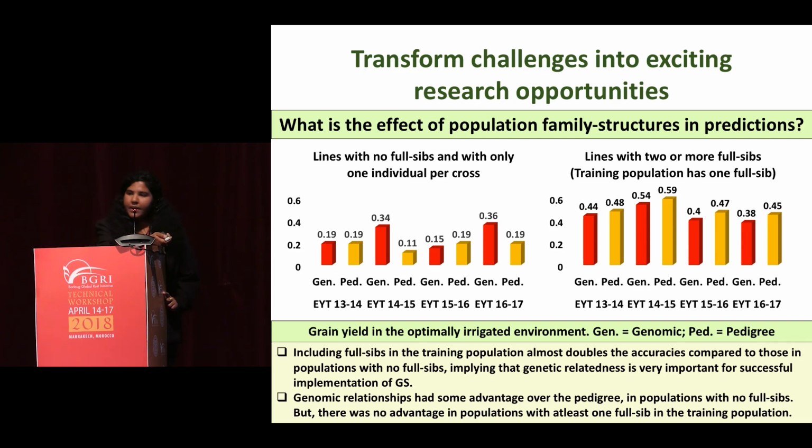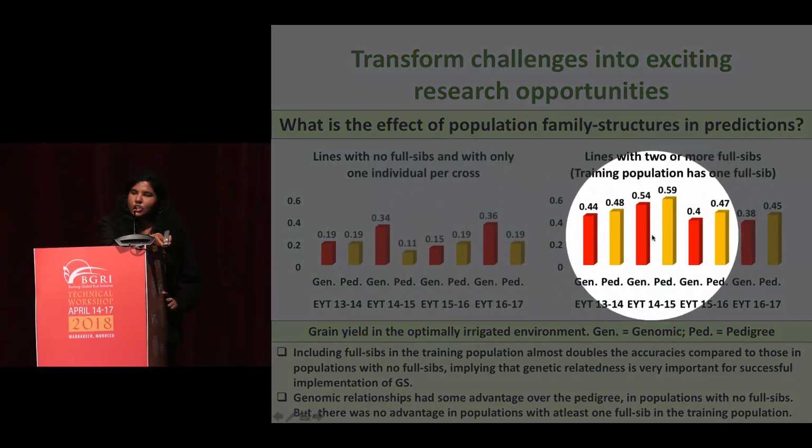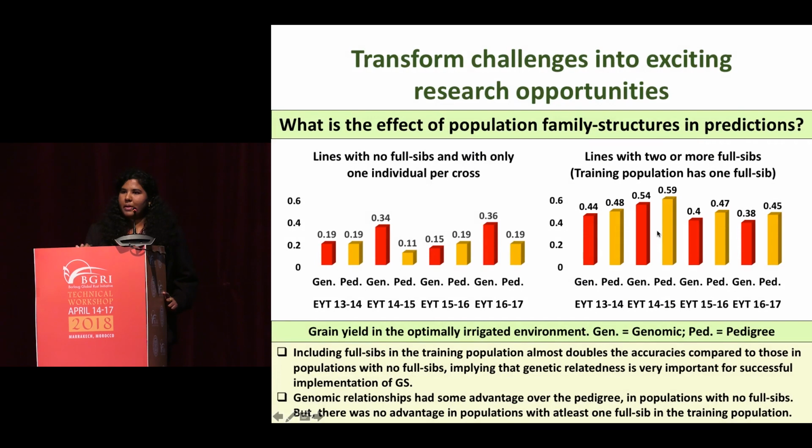From our expectations, the pedigree should not perform as well as the genomic relationships, because the genomic relationship matrix gives us the identity by state or realized relationship between the lines, which should be much better than the pedigree, which might just tell you 2 full sibs are related by 0.5. But what we observe in contrast is that the pedigree does as well as the markers if you have just one full sib in the training population.